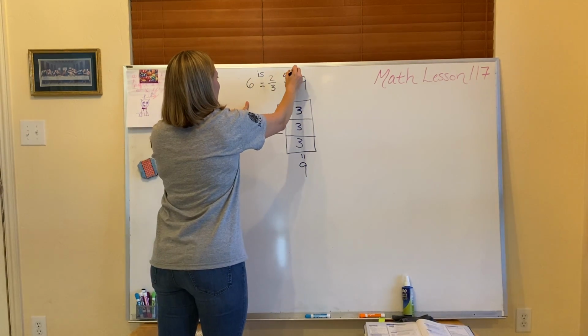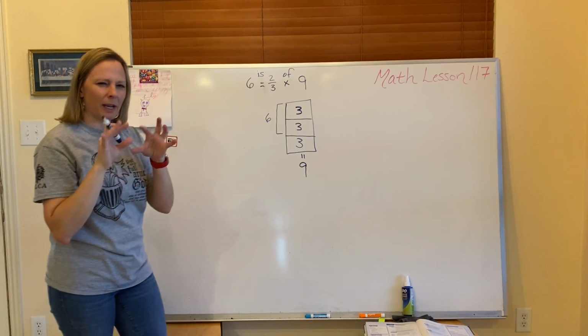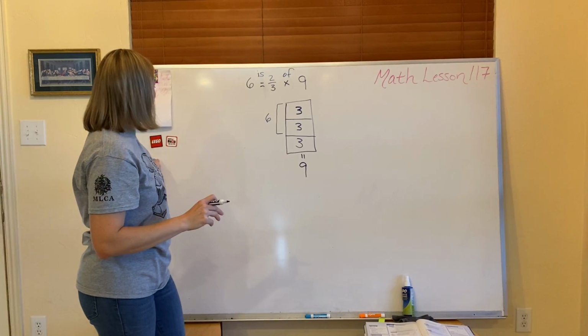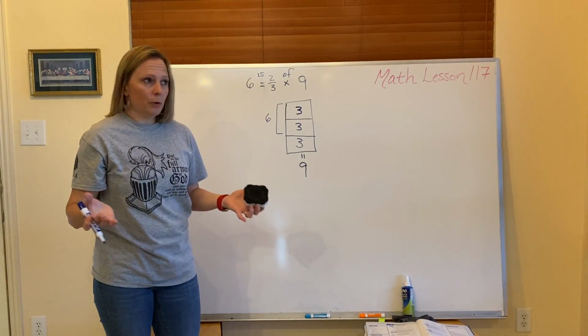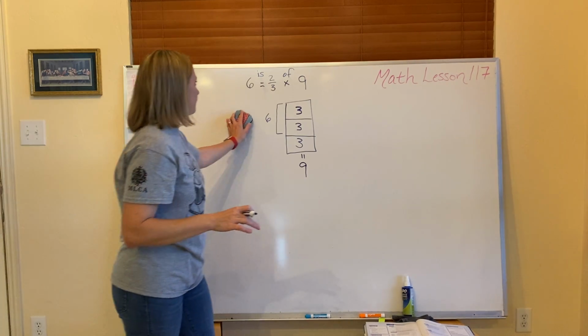I'm planting a seed, okay? You don't have to understand it yet. Maybe you do, I hope you do. But if you don't, no worries, we'll get to it in lesson 119.